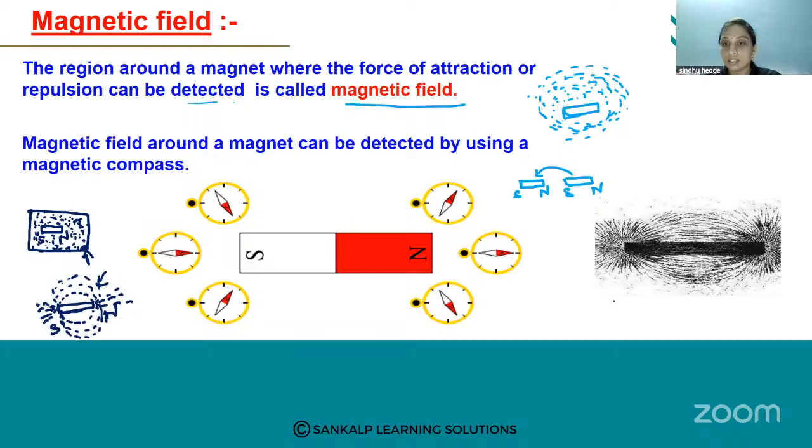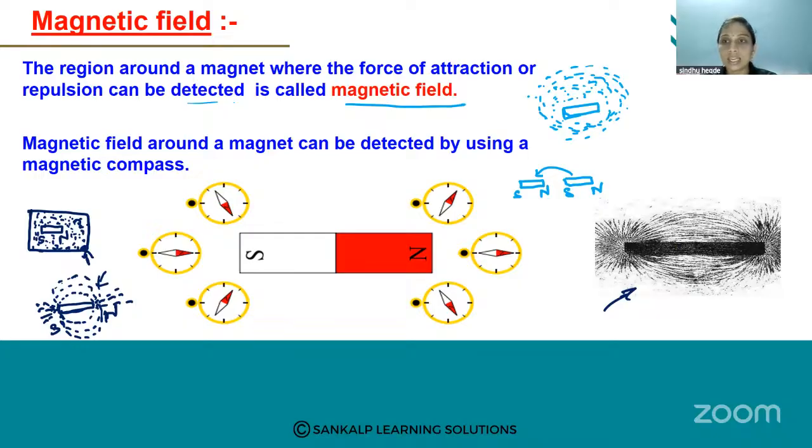See here, this picture explains clearly. This is considered as the white sheet, and here we just place some finely powdered iron, and after some time they all get arranged like this. Why do they get arranged like this? Because in a particular region it feels some attraction towards this magnet.